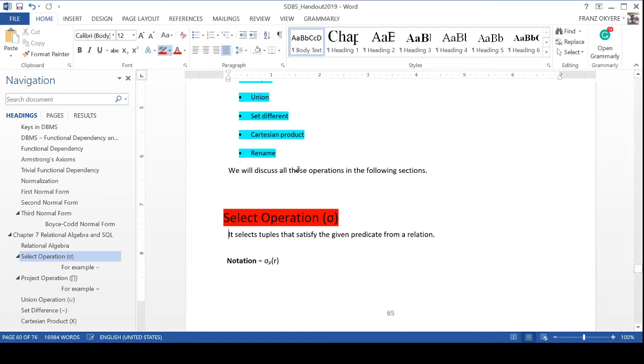What it does is very simple. I think we all know what it does. Select operation will select tuples. What are tuples? Think about tuples as rows. So you select tuples that satisfy the given predicate from a relation.